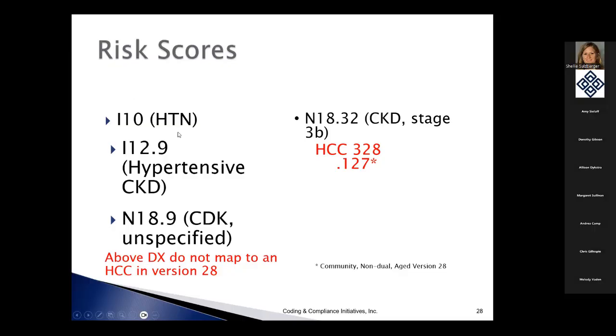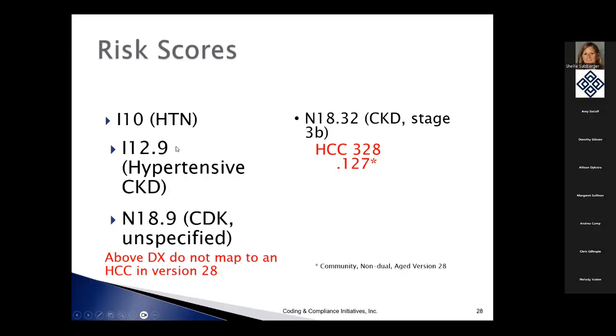If your providers are like, great, I can get that more specific hypertensive code, so I'm going to code I-12.9, or we're having coders pull all of the hypertension that has a chronic kidney disease diagnosis and update this I-10 to I-12.9.